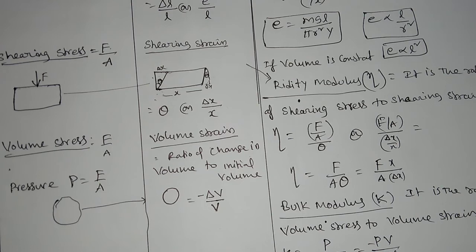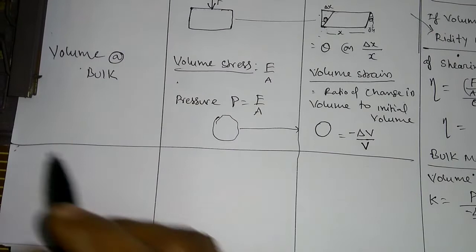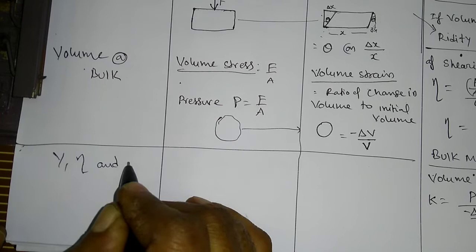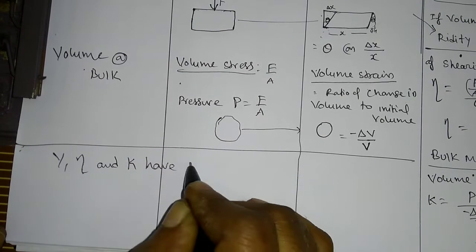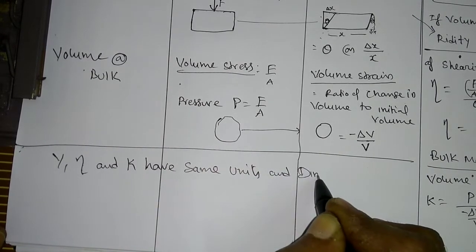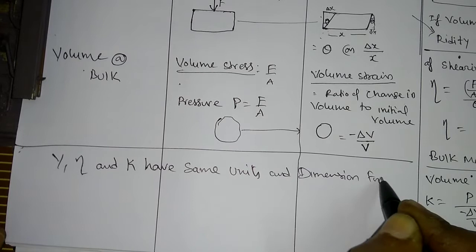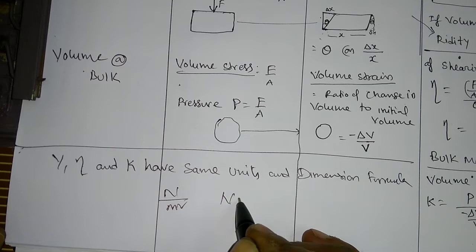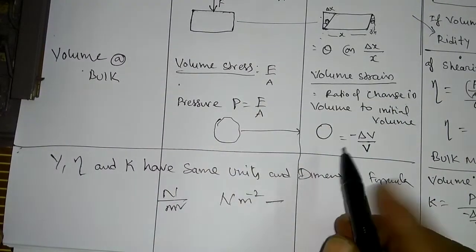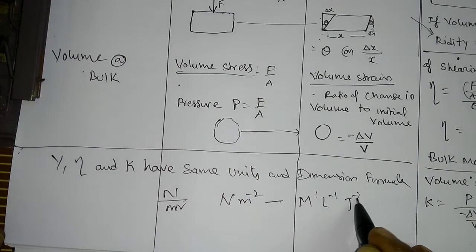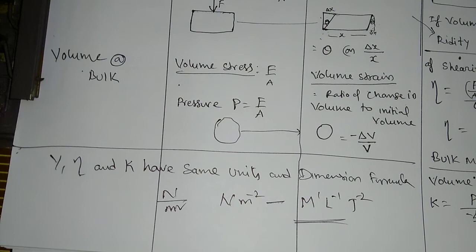Simply, Y, eta and K have the same units and dimension formula. That is Newton per meter square, and the dimension formula, as previously written, is M L power minus 1 T power minus 2. This is about Y, eta and K.